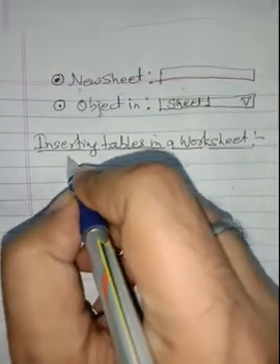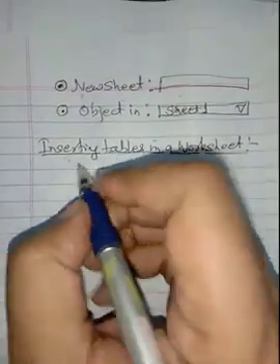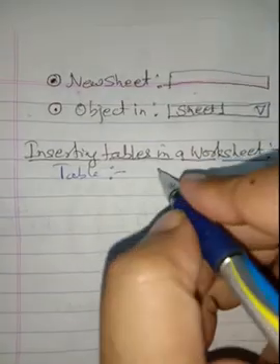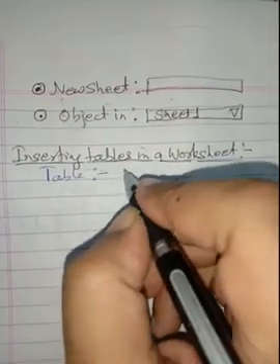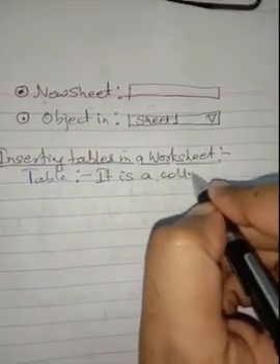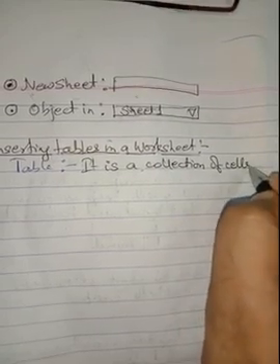We already know what a table is. We can say a table is a collection of cells. And what are cells? A cell is the intersection of a row and a column. So remember, first of all, what is a table? The simple definition of a table is that it is a collection of cells.